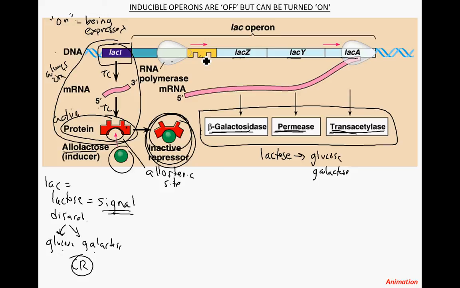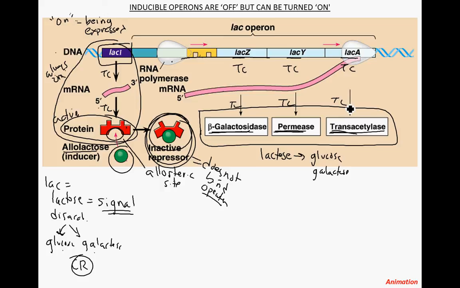And if that is the case, then RNA polymerase is allowed to move down here and transcribe lacZ, lacY, and lacA into this mRNA, which is then translated, and you get these enzymes, and then that breaks down lactose into glucose and galactose.